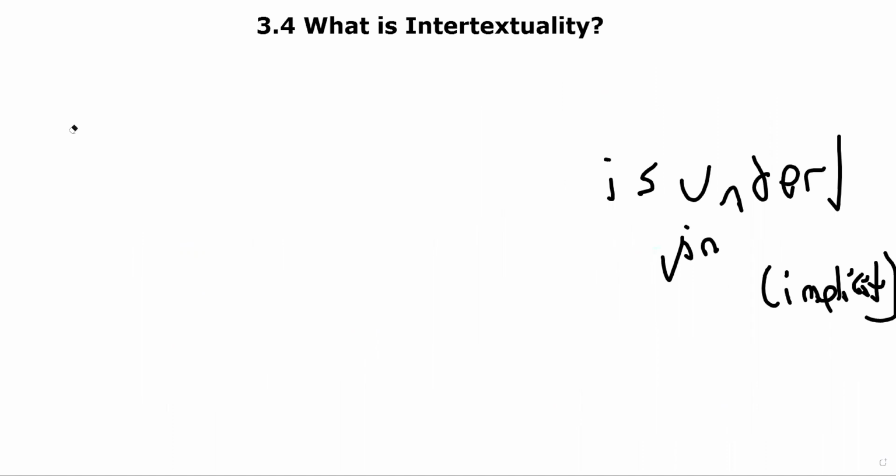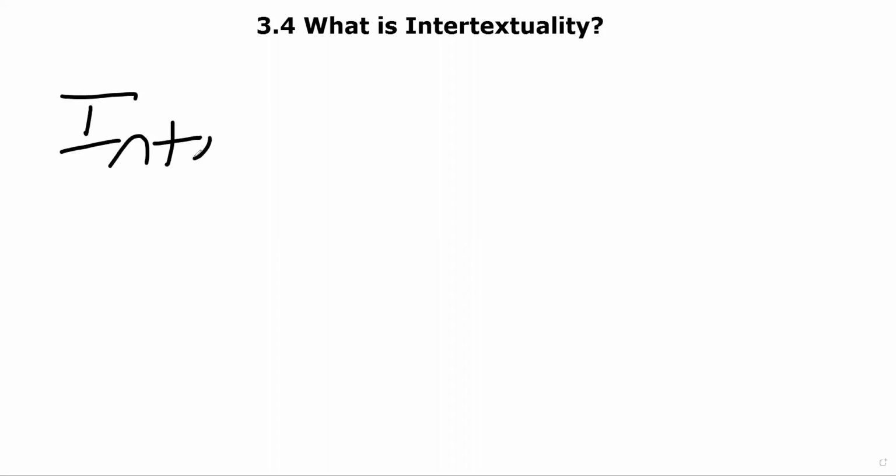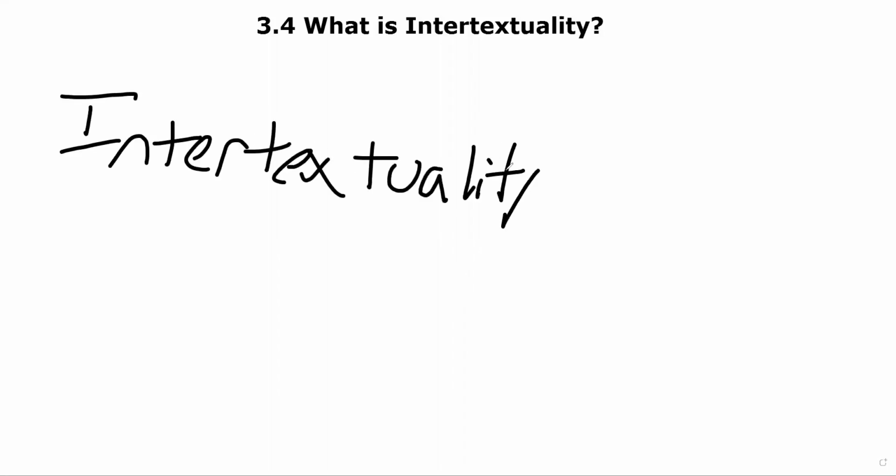This is essentially what we mean by intertextuality, the relationship, explicit and implicit, between texts. So let's define that. Intertextuality. And again, the prefix gives it away. Inter refers to relationship between texts.